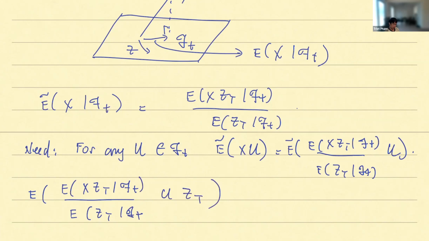To go from E tilde to E, it causes multiplication by Z. Now, what can you do with this? Don't forget, U is F little t adapted, so it actually is known by FT. So in fact, you can tuck that inside the expectation as a constant, because U is adapted. U is inside the sigma algebra.